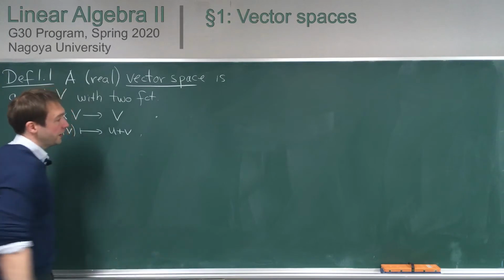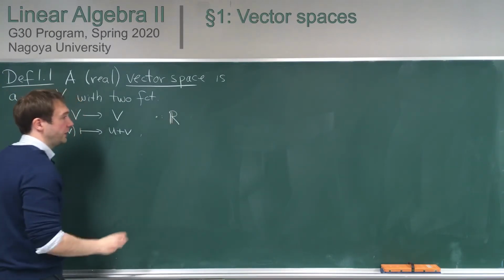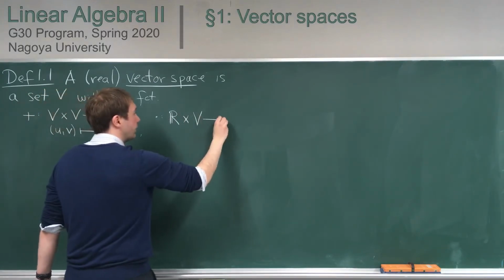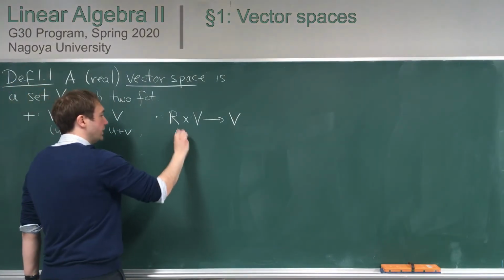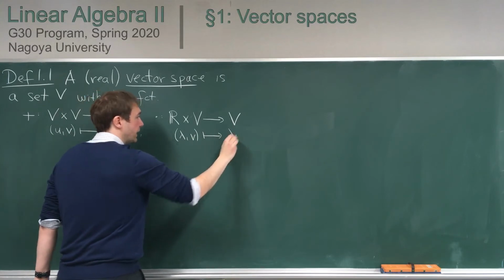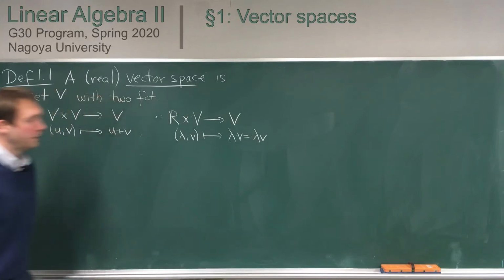And we also have some scalar multiplication, which means if we have a real number and an element in V, we can get a new element in V, and we denote it by lambda times V, or usually we just write lambda V.